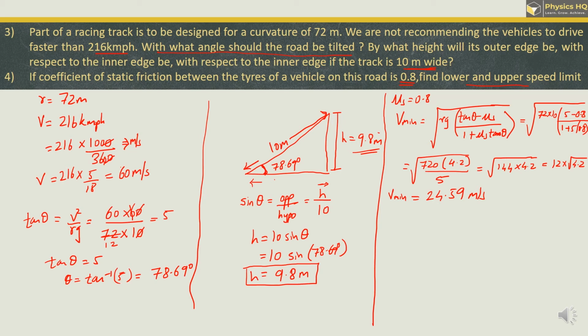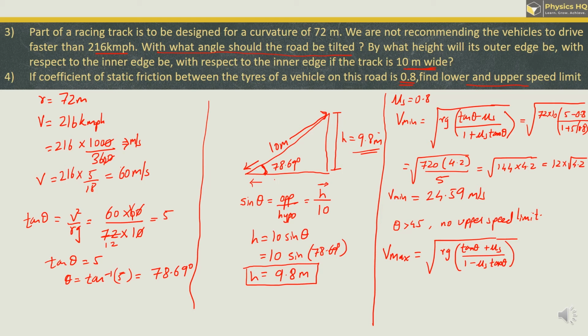So remember this understanding that for theta greater than 45, there is no upper speed limit. If you want to understand this more, you can even understand it with the formula for Vmax. The formula is root of Rg (tan theta plus mu s) upon (1 minus mu s tan theta).